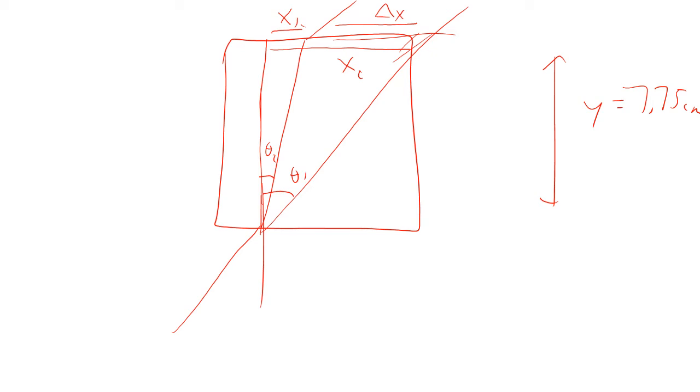Well, if we look at this, then x1 over y is going to be the tangent of theta 2. So that means x1 is going to be equal to y tan theta 2.